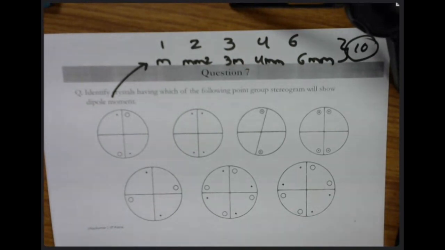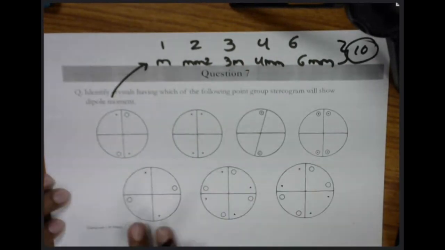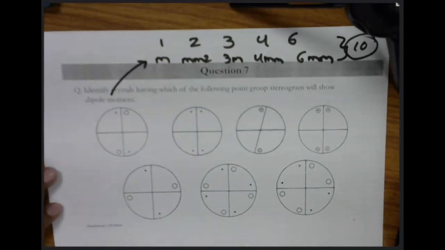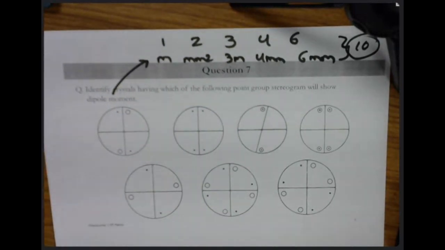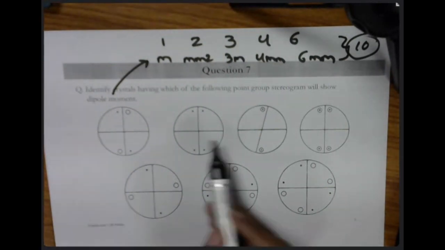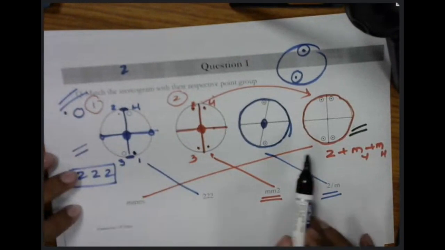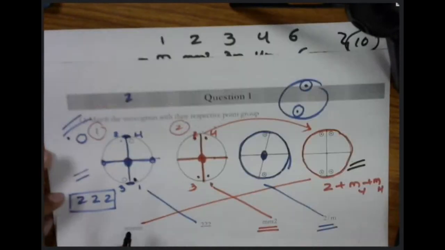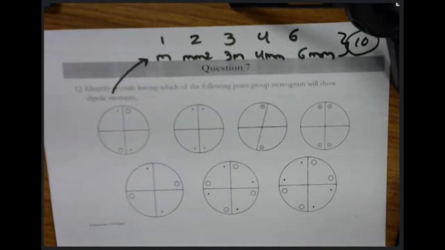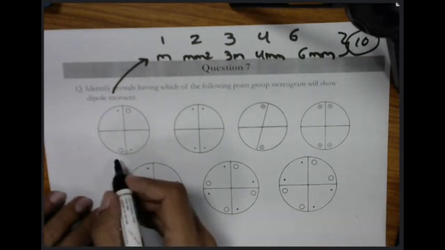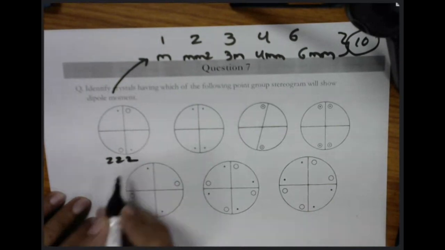Okay, so now we need to find the point group corresponding to these things. If you are following this, we have already done this part of finding the point groups over here. This 4 is corresponding to this. Let me just write down whatever is written. So what we have already found out is 2, 2, 2.